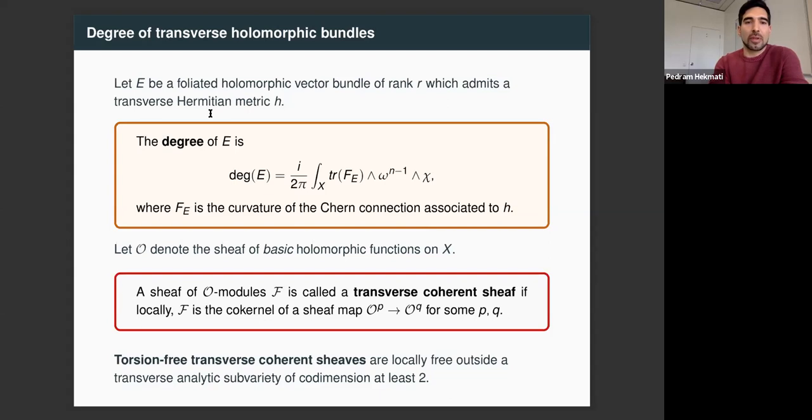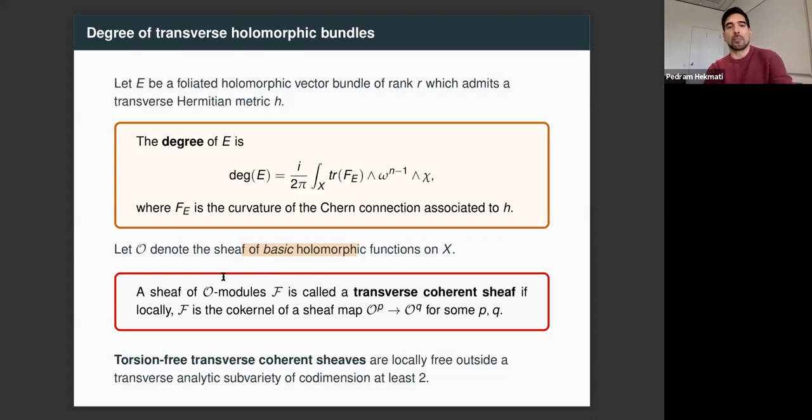So this takes care of the notion of a degree, and if you divide the degree by the rank, you get the slope for your holomorphic bundle, transverse holomorphic bundle. In order to define the stability, we need to consider a bit more general setting. Not only holomorphic subbundles, we need to look at transverse coherent subsheaves of a holomorphic bundle.